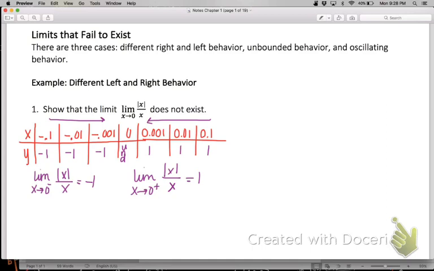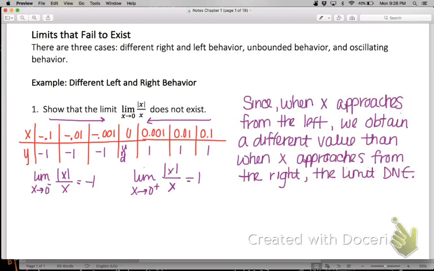Now, if we were going to explain why the limit does not exist, you would want to say something like this: since when x approaches from the left, we obtain a different value than when x approaches from the right, the limit does not exist. In this case, that is what you would want to say. Now, this one just says show that the limit does not exist.